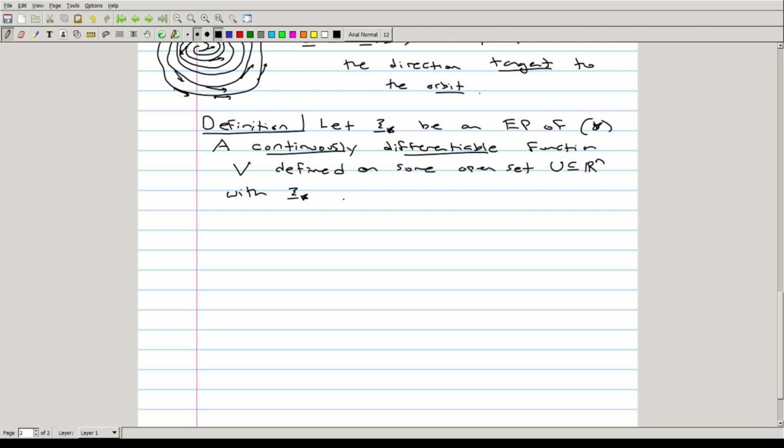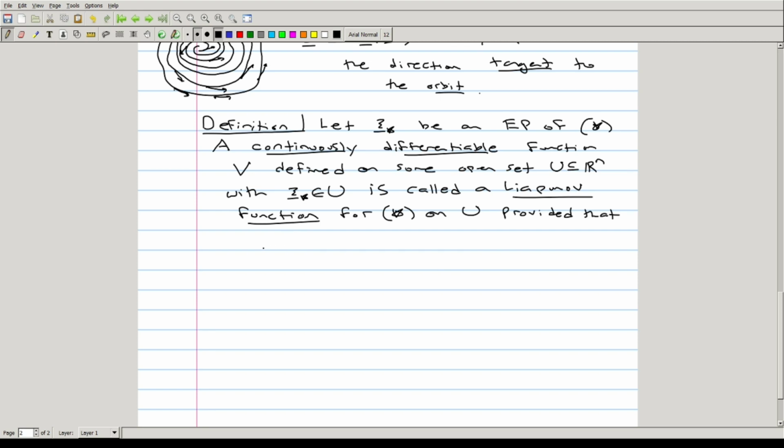It has to be defined on an open set U that contains the equilibrium point. We call it a Lyapunov function for the system star on U, provided that the following three things are true.